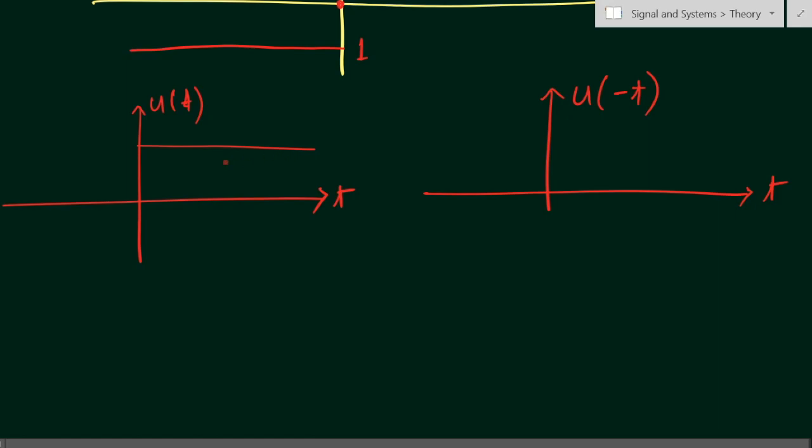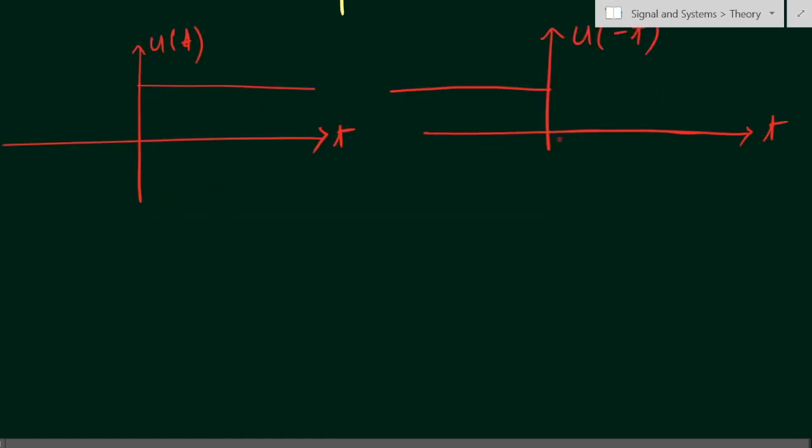Whatever we have on the right hand side of the y-axis will come on the left hand side, and whatever we have on the left hand side will come on the right hand side. So it will have a 0 value here. Now if we subtract this graph from this graph, we'll have u of t minus u of minus t. So if we subtract this right hand side graph from the left hand side graph, what will we have?